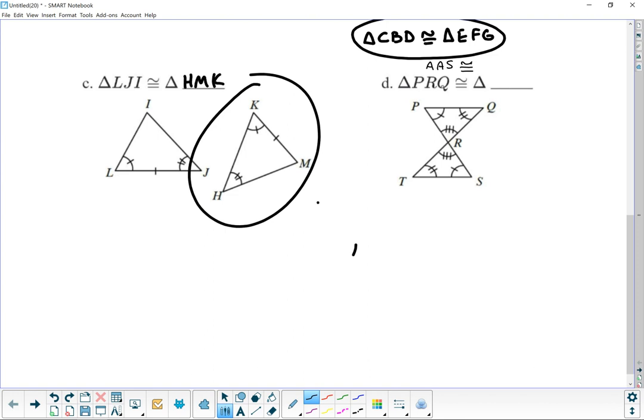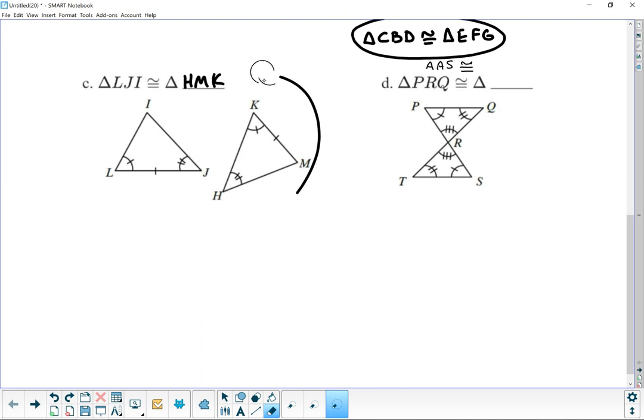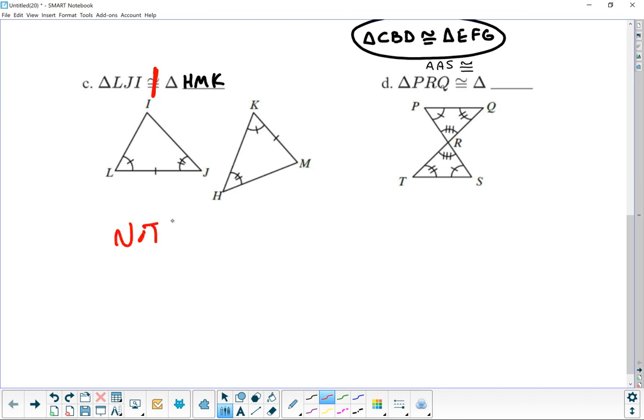HMK. You can do it however you want because they're not congruent, so you don't have to follow anybody's lead on this one. Okay? Because they're not congruent. So we want to just write down that triangle LJI is not, so just cross out that congruent symbol, is not congruent to triangle HMK. That's all you've got to do. Or you can write down not congruent.